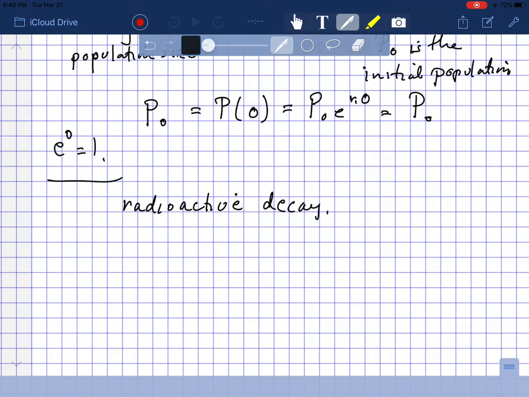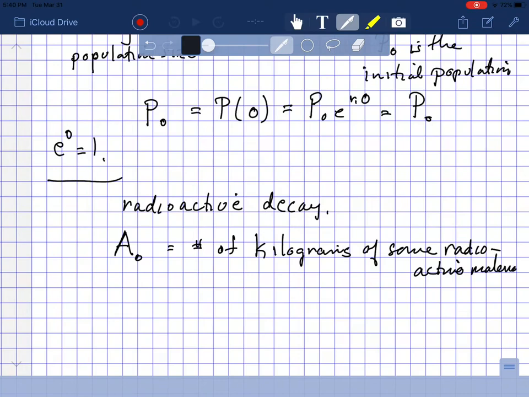So with radioactive decay, you have some radioactive material, and say you have an initial amount of it. We'll say A sub naught. So A sub naught is equal to the number of kilograms of some radioactive material.